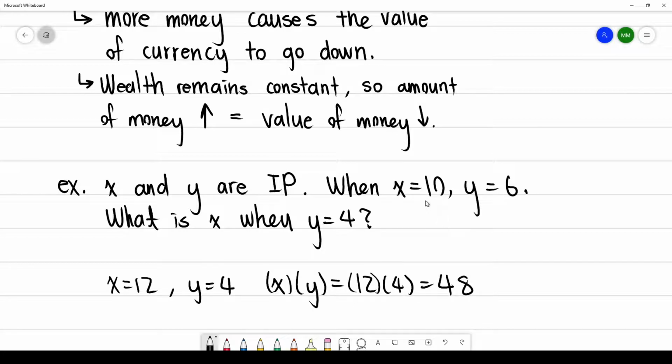But if you look over here, 10 times 6 is 60. So these two are not equal. 15?